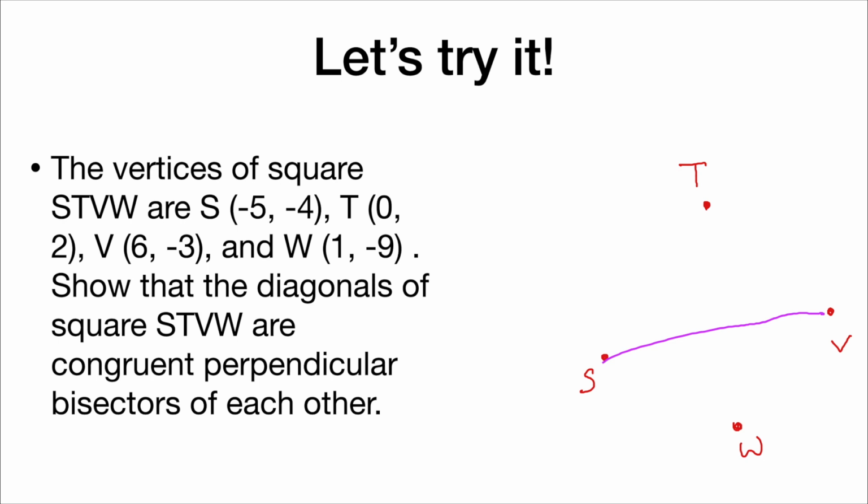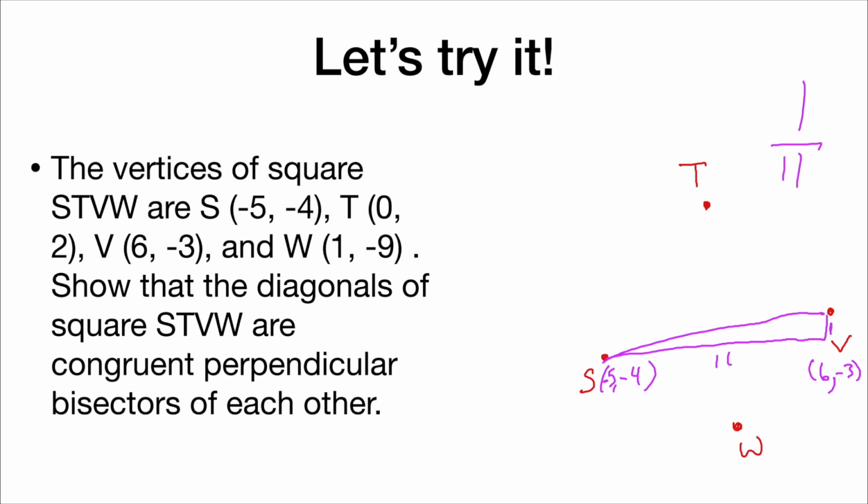So in this case, S was at -5, negative 4, and V was at 6, negative 3. The distance from negative 5 to 6 horizontally will be 11, and then negative 4 to negative 3 is going to be 1. So change in Y over change in X is going to be 1 over 11. That's going to be our slope.